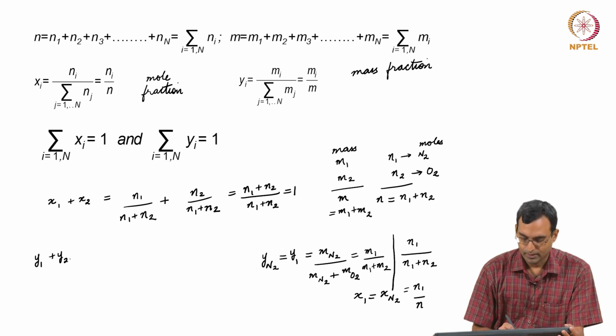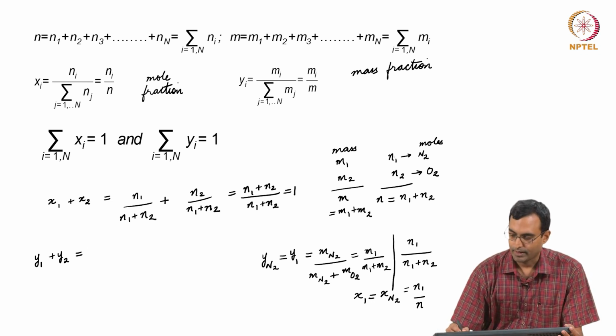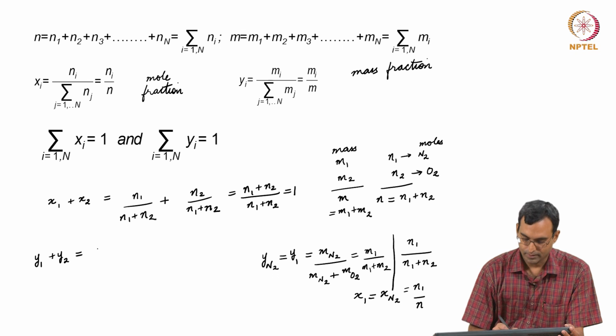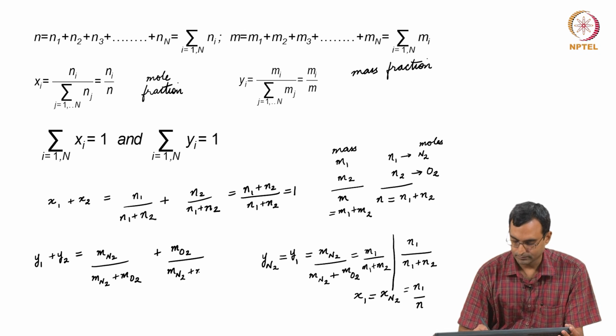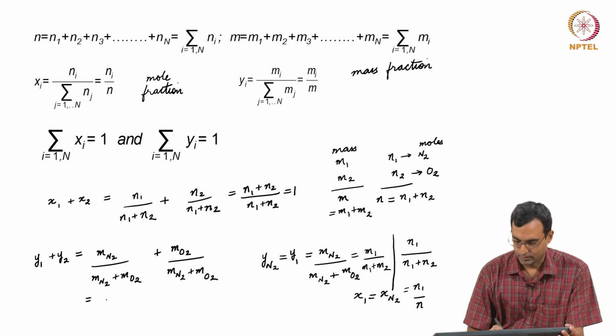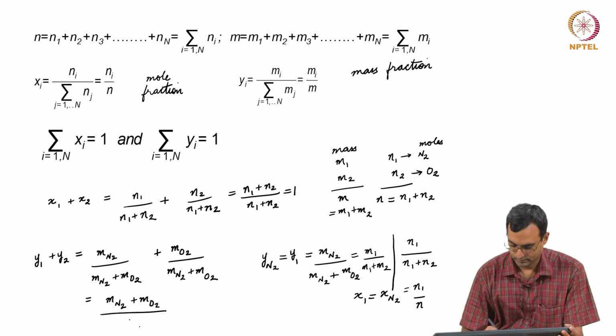If I was to take the summation over here, so 1 represents right now nitrogen, so that is the mass of nitrogen divided by the mass of nitrogen plus mass of oxygen, that is my y1, and y2 is mass of oxygen divided by this, which is essentially one.